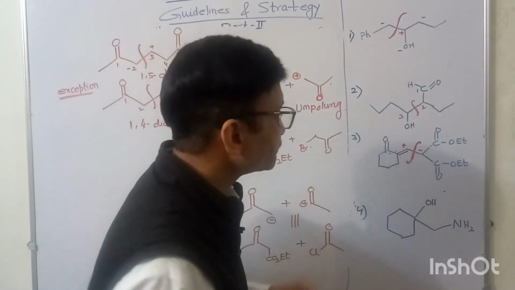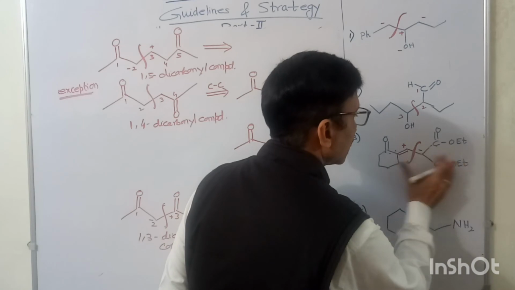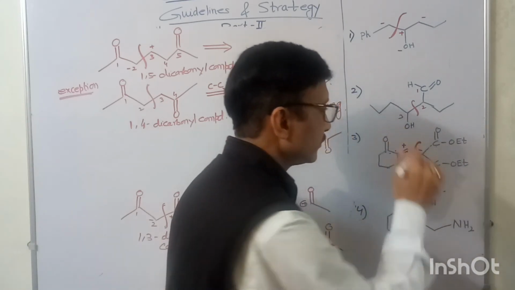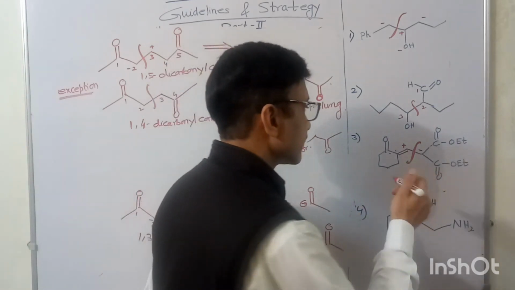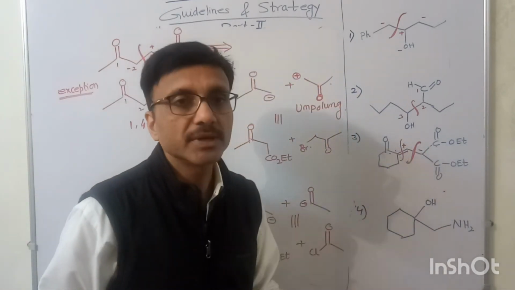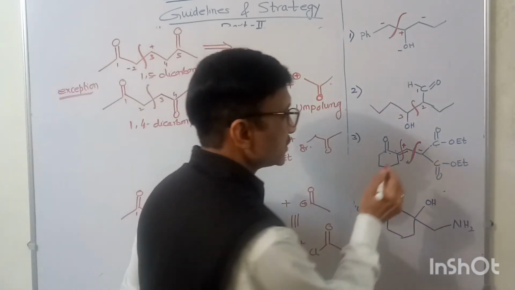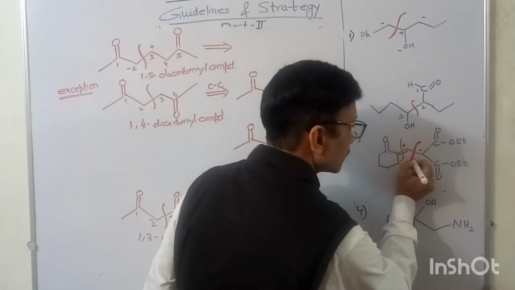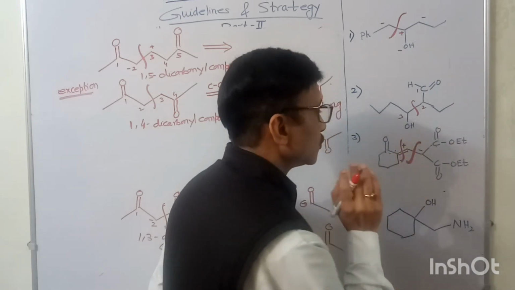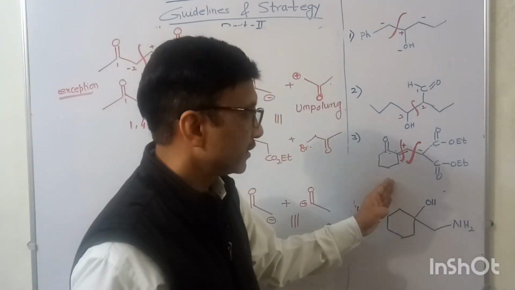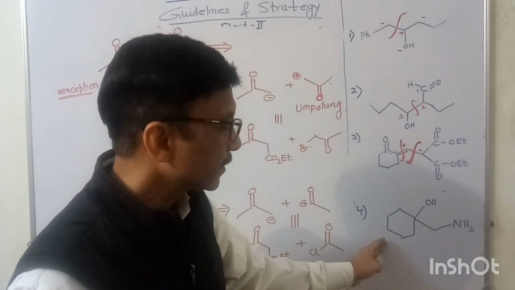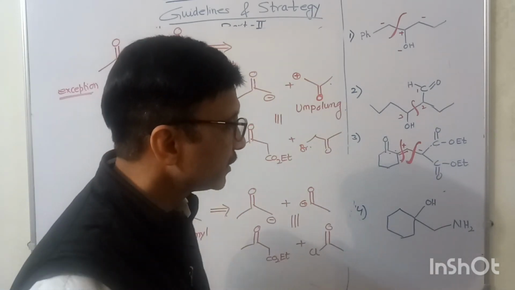After getting these two, this can further be disconnected. We will see in the next lecture that this can further be disconnected here, and we will get a simpler starting material. So first of all, the disconnection should be done from here, and then this can be done from here. So two disconnections will be done here. Now if you see this example, how can the disconnection be done?